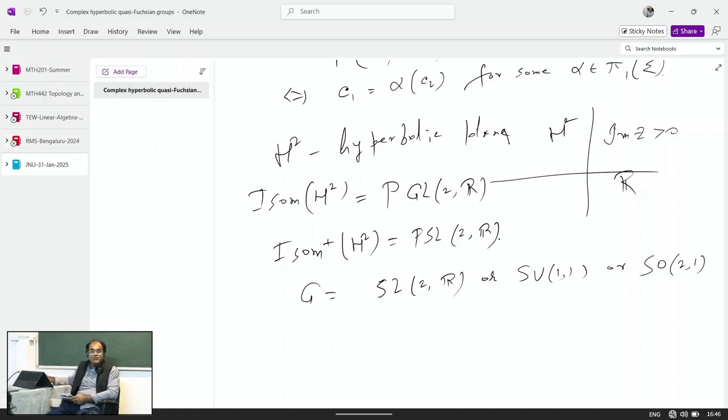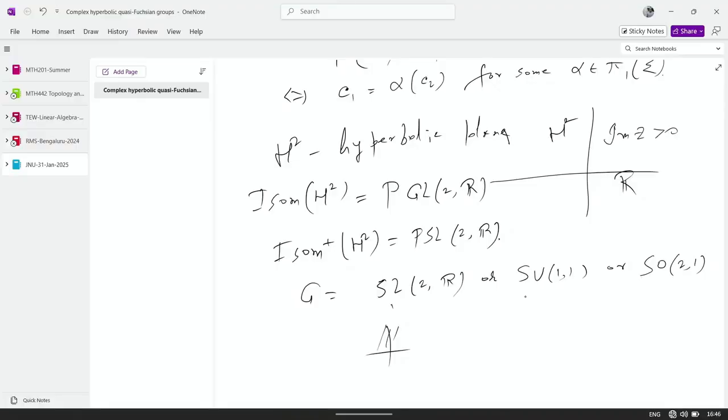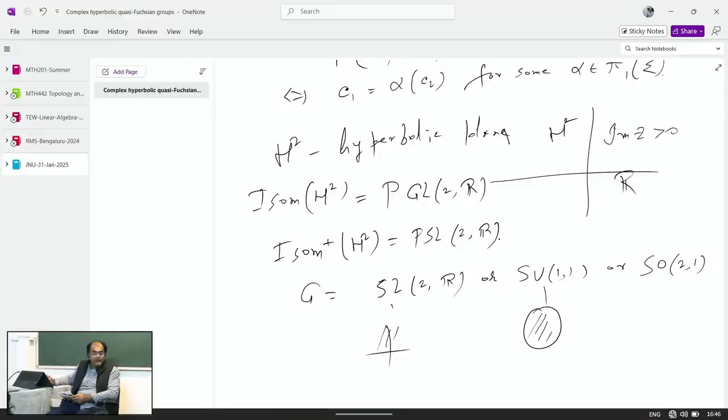What is the relation between these three groups? They are all isometry groups of different models of the hyperbolic plane. So the first one is for the upper half plane, the second one is for the ball model, and the third one is the linear model or the conformal model.